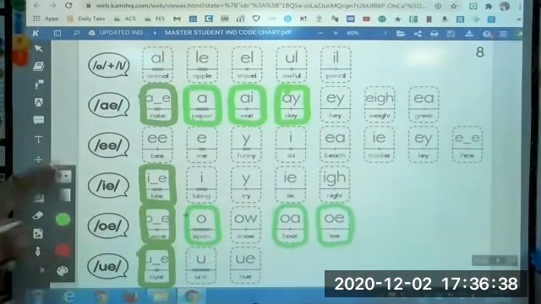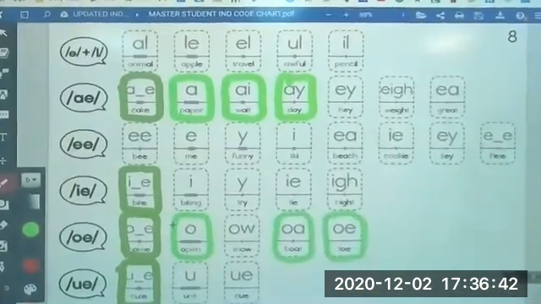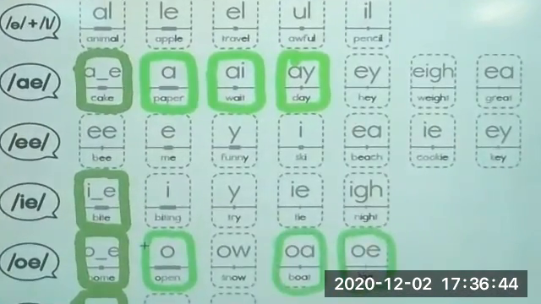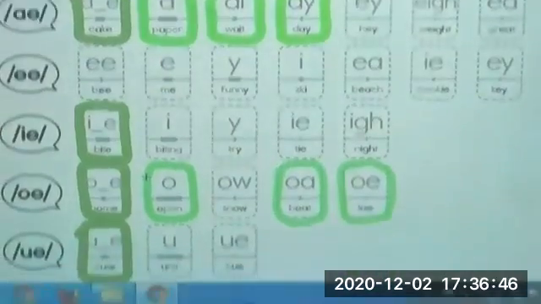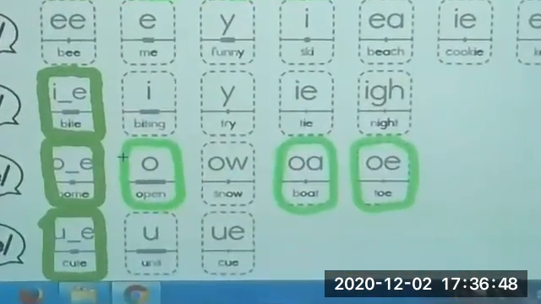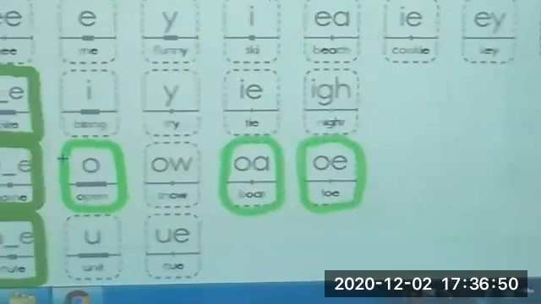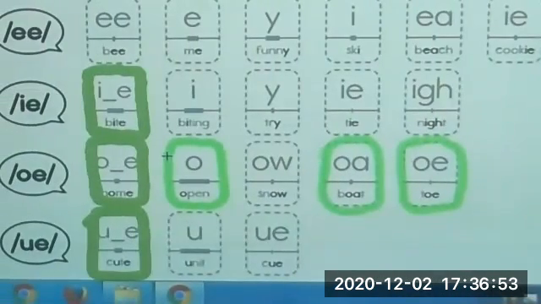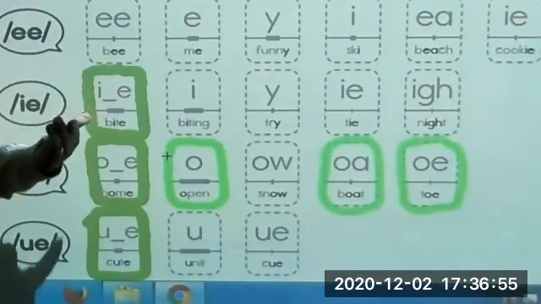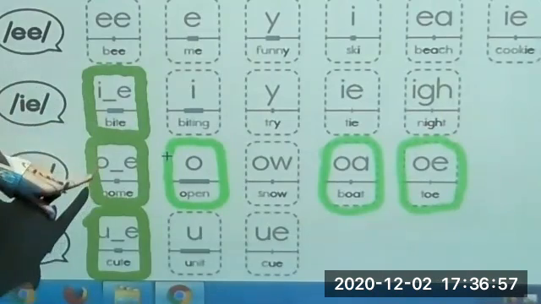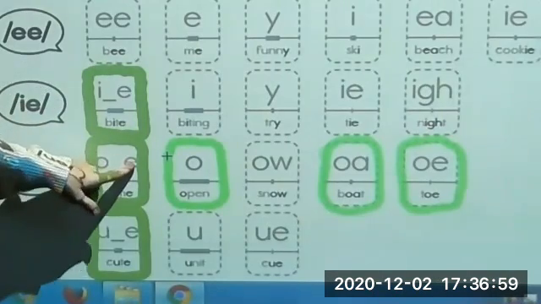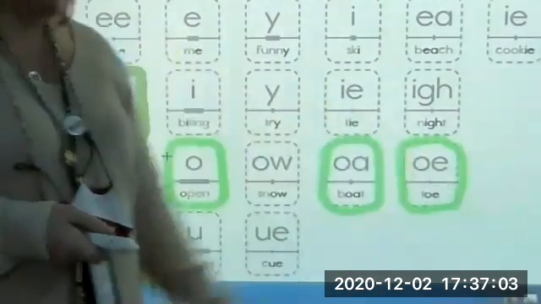All right, so what I would like for you guys to do, I'm going to zoom in a little bit. For the sound O, we have learned 4 different ways to spell the sound O. We've learned O consonant E, O, OA, and OE together.